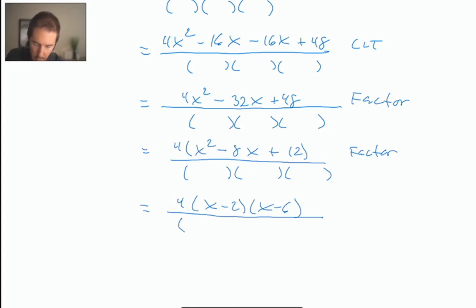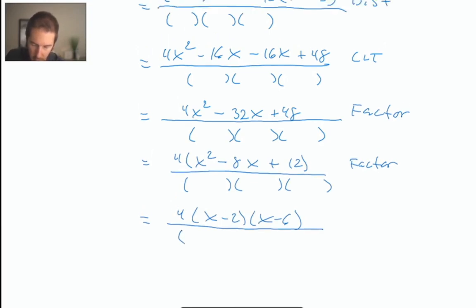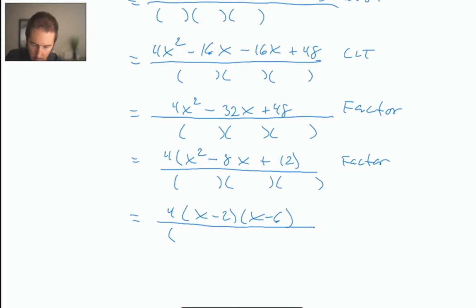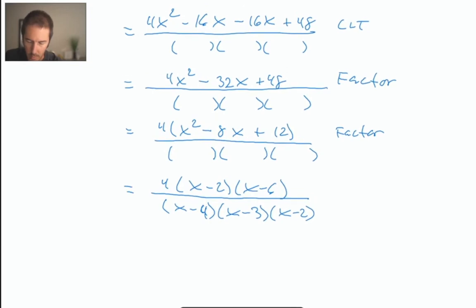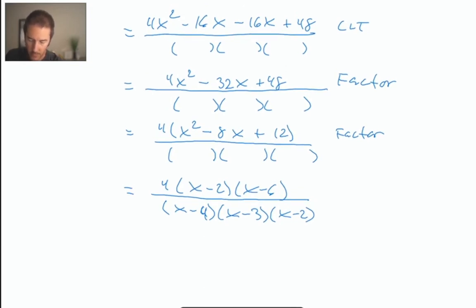I think it's time to write in our common denominator. In what order did it appear? Doesn't really matter. X minus 4 times x minus 3 times x minus 2. And now we can reduce. What we see is that in the numerator there's an x minus 2, in the denominator there's an x minus 2.